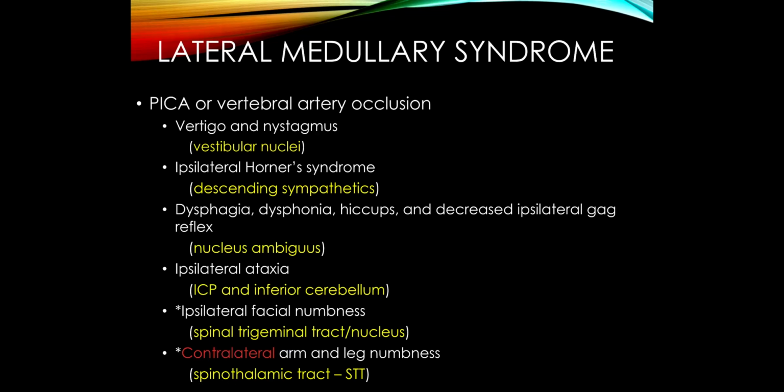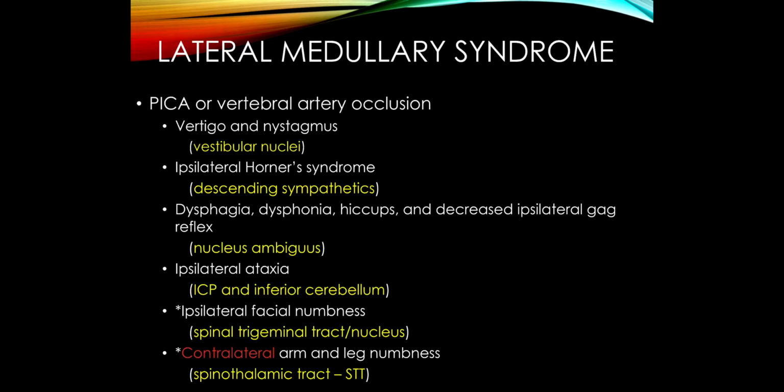In the case of lateral medullary syndrome, it's loss of pain and temperature. Remember that in medial medullary syndrome, they had an ipsilateral hypoglossal lesion and contralateral weakness and sensory loss. So same thing, an ipsilateral cranial nerve deficit, and a contralateral motor or sensory deficit in the arm or leg.